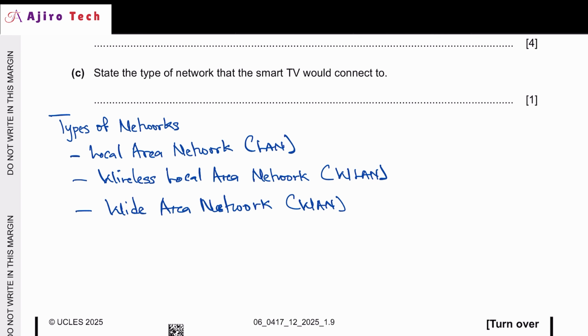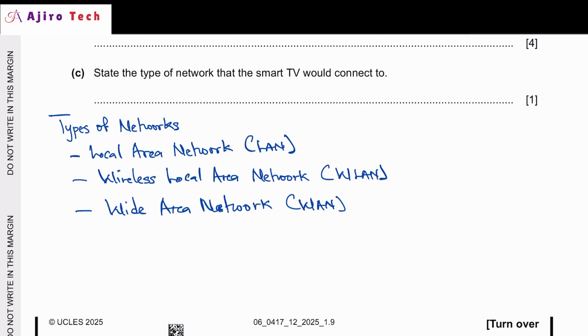Then the wireless local area network is similar to the LAN, but there are no wires or cables. What I'm simply saying is that they provide wireless network communication over fairly short distances using radio or infrared signals instead of cables. So they usually use devices known as access points or hotspots.